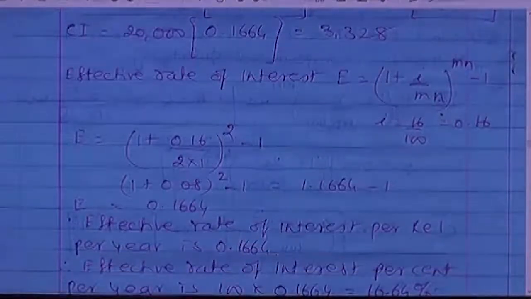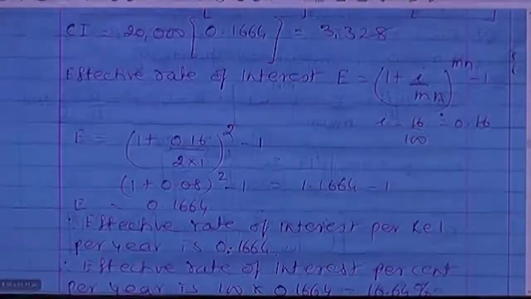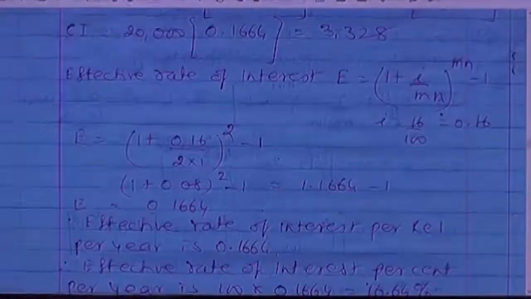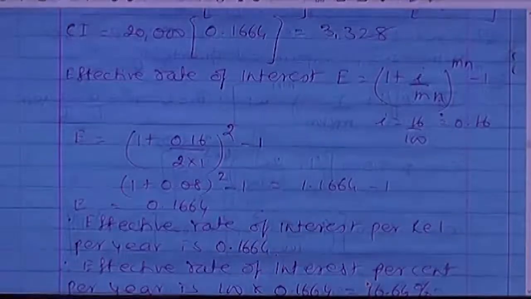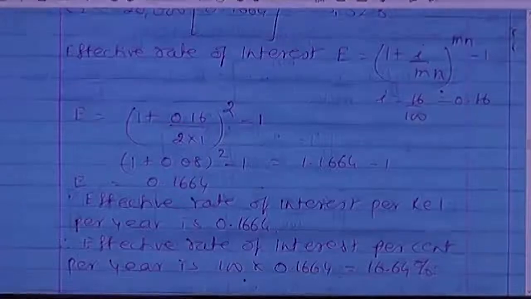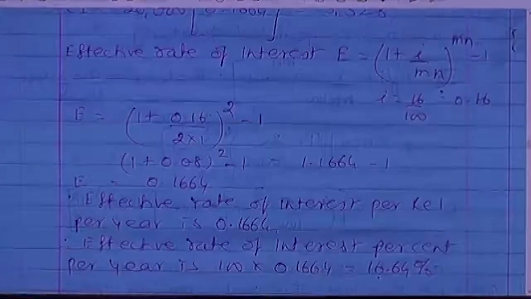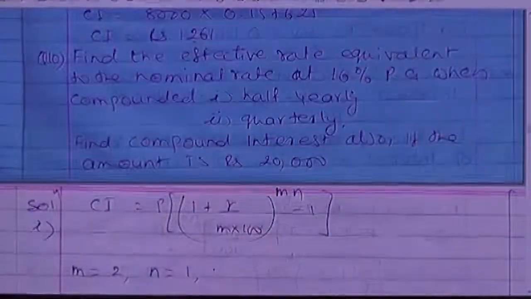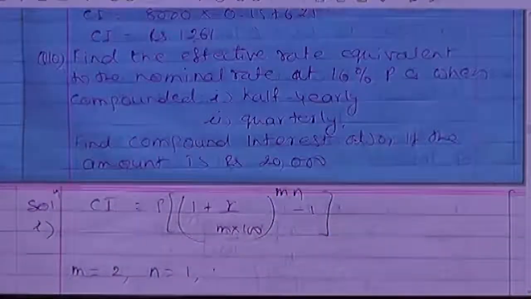Therefore effective rate of interest per rupee per year is 0.1664. Therefore effective rate of interest percent per year will be equal to 100 into 0.1664, which is equal to 16.64, and the nominal rate is 16%.